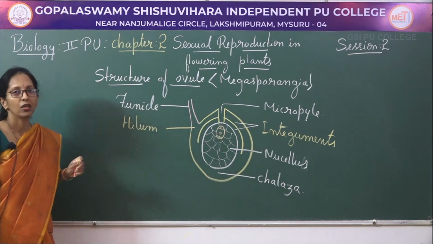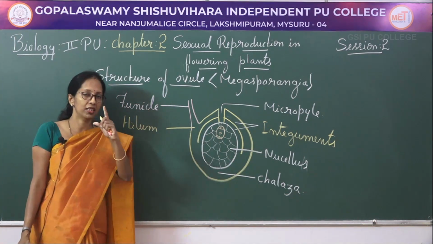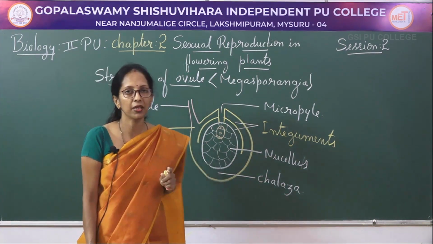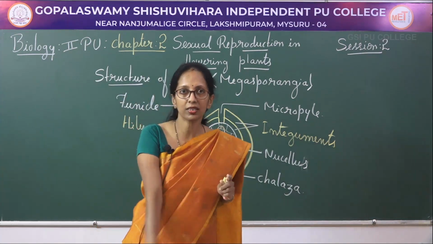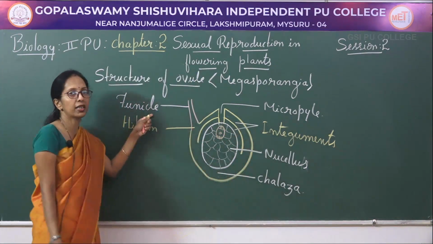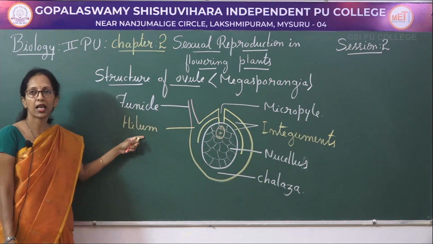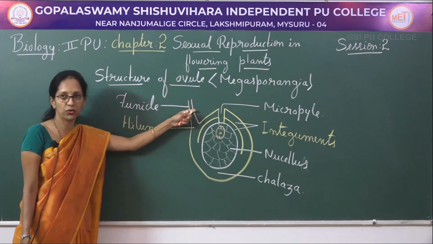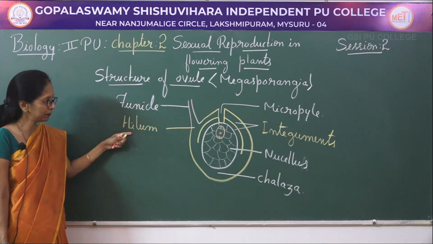I repeat, ovule is in the form of oval shape, which has a stalk. That stalk is said to be funicle, and the point of attachment of ovule to the funicle is said to be hilum.